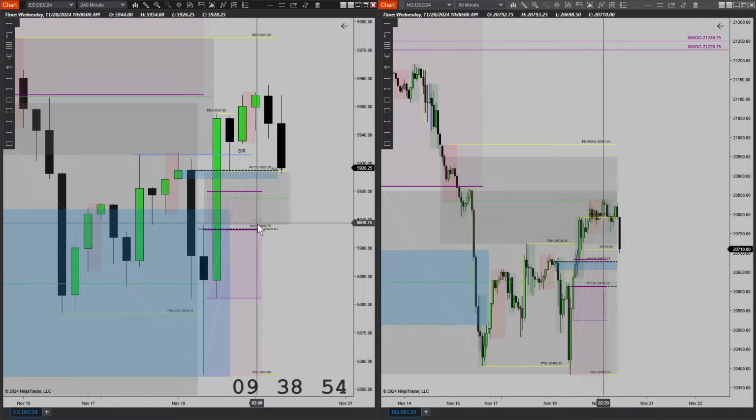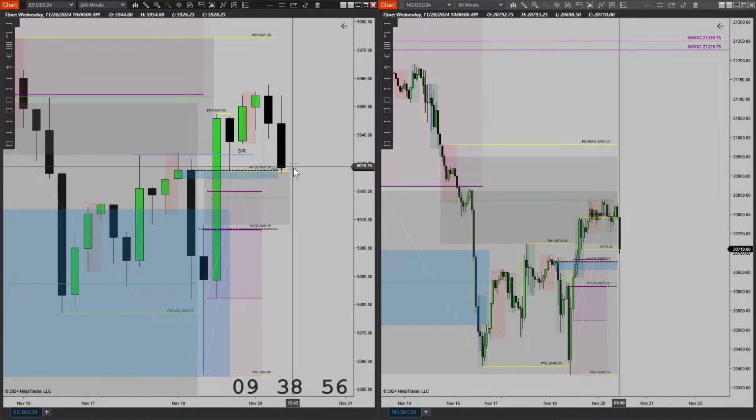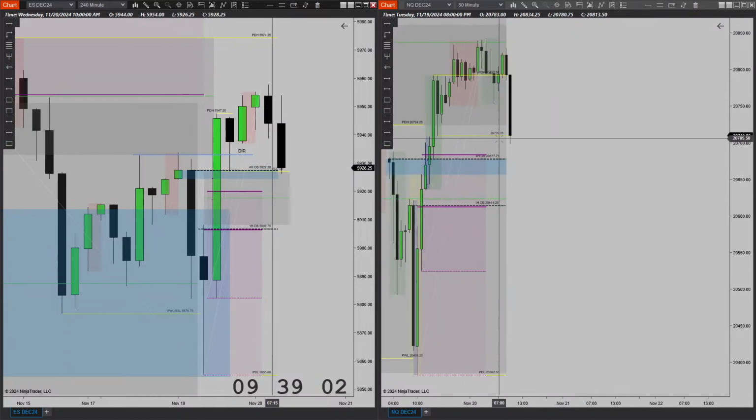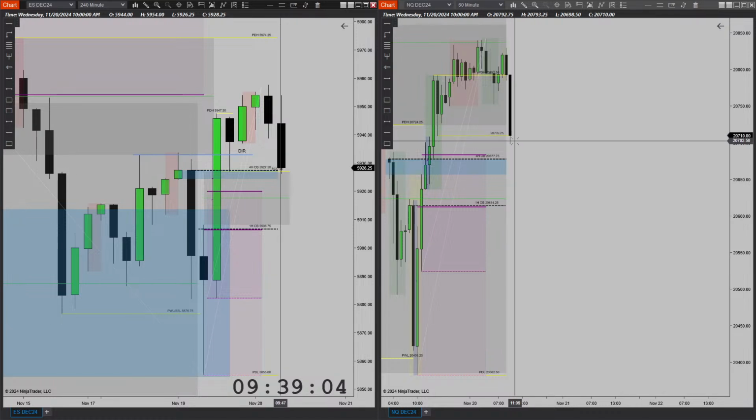So that's what I want to see with the 4 hour, the 1 hour, and the 15-minute after it sweeps this low here. So I want something to occur here. I want that double purge, like I always say.